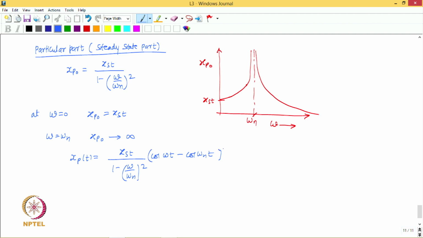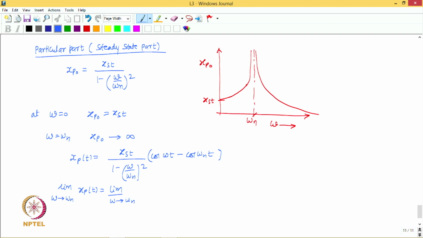The other part is going to decay. So, what is going to happen now? Let us find out the limit of this when omega becomes equal to omega n, XPT. So we need to find the limit when omega tends to omega n.